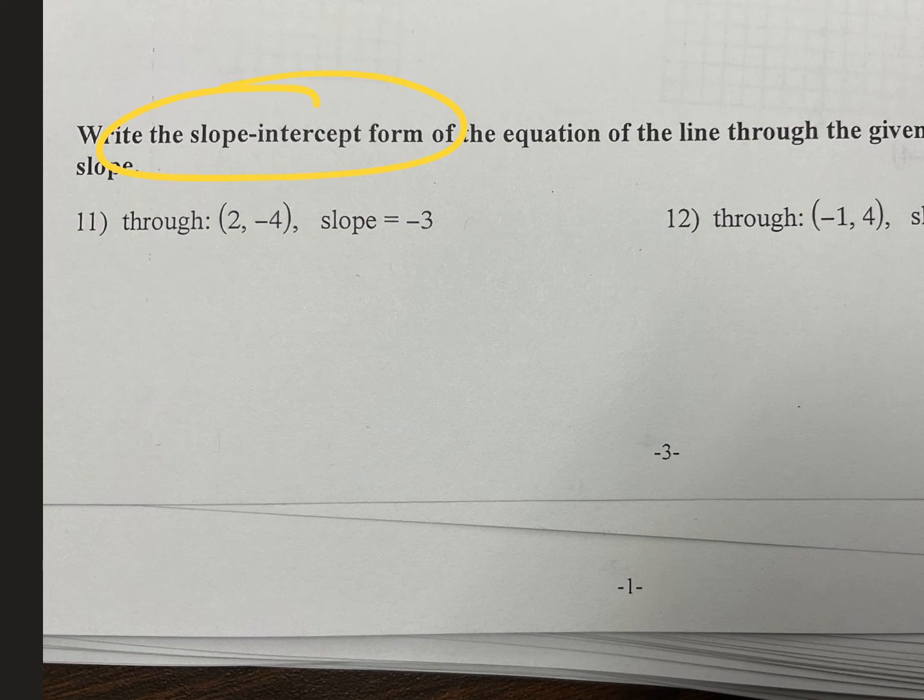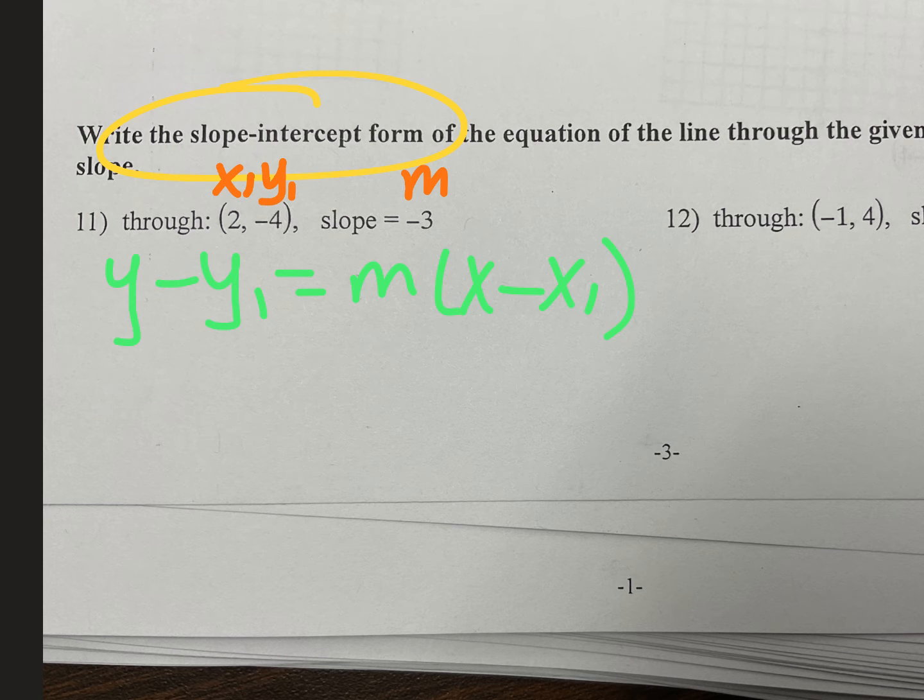Okay, so first of all, this is asking for slope-intercept form. But it didn't give you a slope or a y-intercept, but it gave you a point and a slope. So you're going to have to start off by using point-slope form, okay? And then you've got your x1 and your y1 and your m.